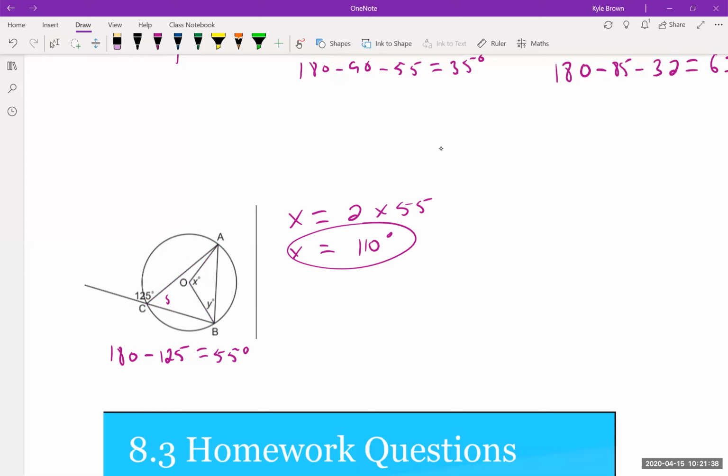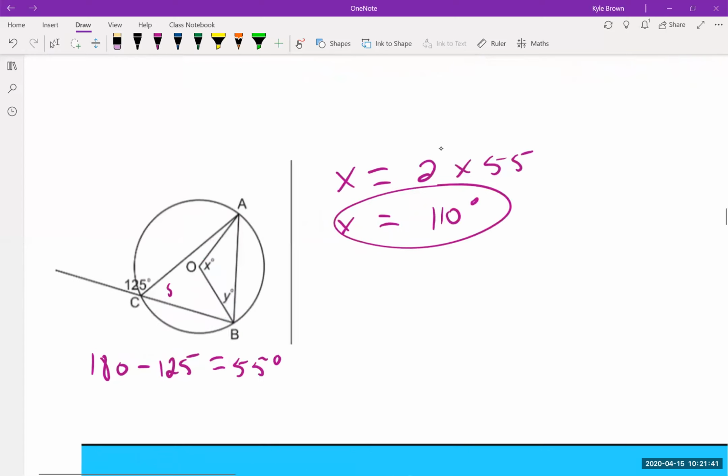Well, here's what we're going to do. If I know that this is 110 degrees, and I'm looking at this triangle here, all the angles would add up to 180 degrees. Let's get our bearings here. Those 3 angles, this one and this one, add up to 180.